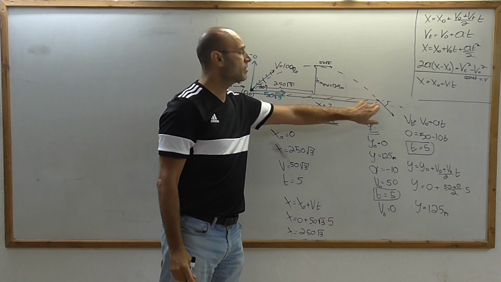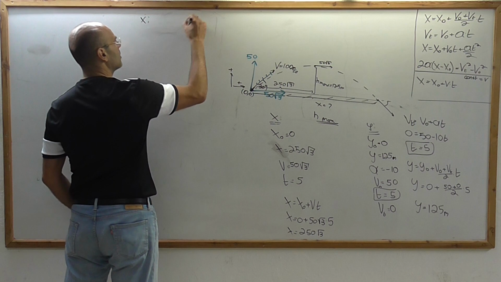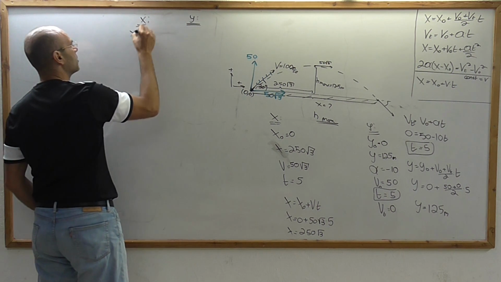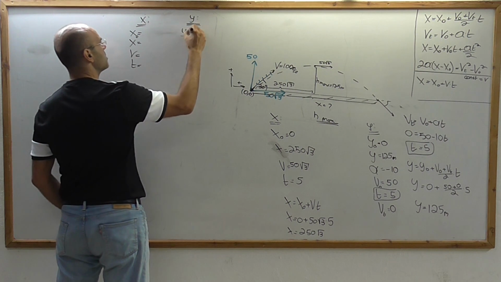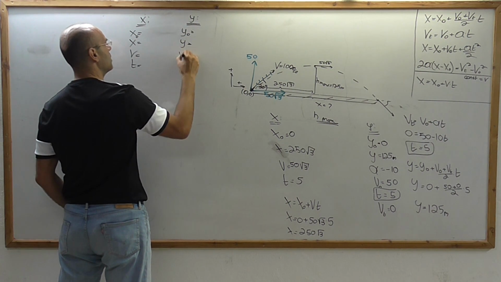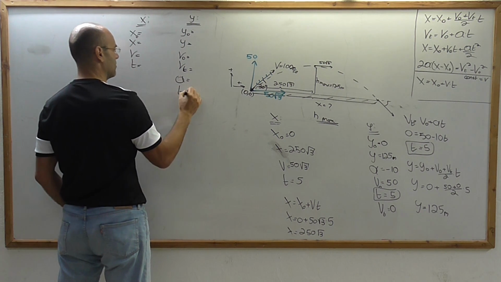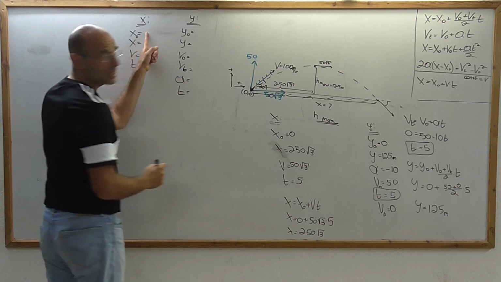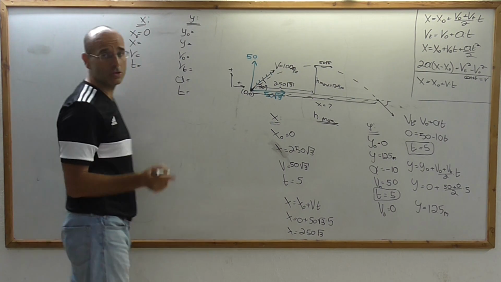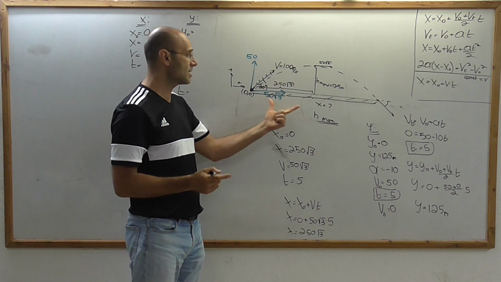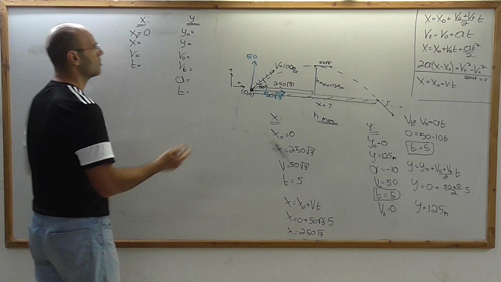Now I want to know everything about this point. So again, let's write the data for this point: x0, x, v, t, y0, y, v0, v final, a, t. So, let's start with the x. x0 is 0. X final, I don't know. I'll show you it will be exactly two times this, which will prove it's a symmetrical problem.